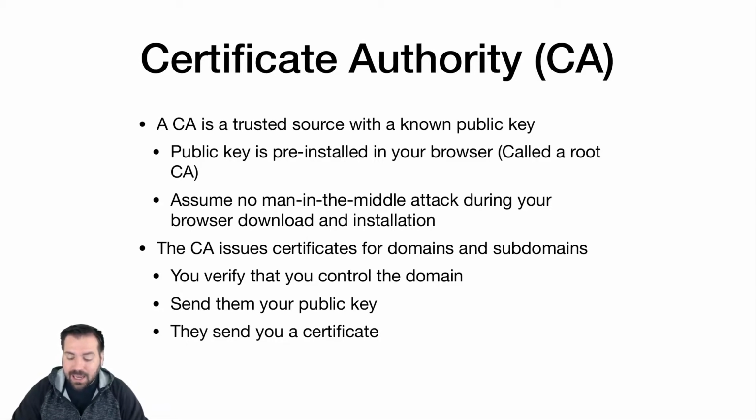We're going to say, hey, can you sign these for me? They're going to sign our public key. So the certificate authority, or the root certificate authority, is going to sign our public key. And then we get a signature of that public key, along with some other security information, what algorithms we're using and things like that. And that's what we call a certificate.